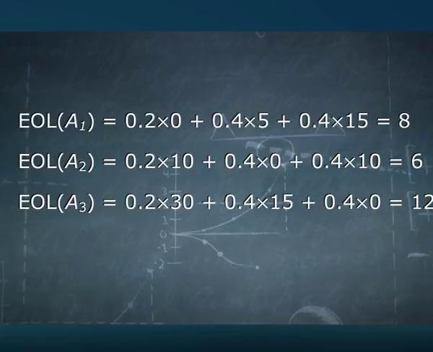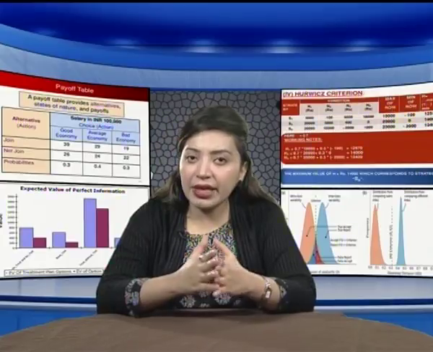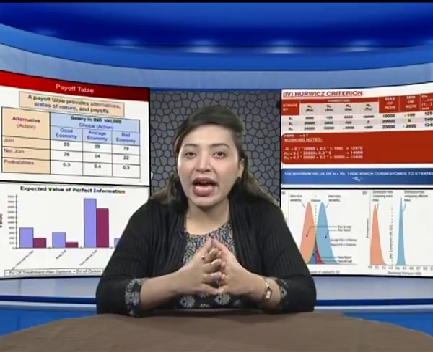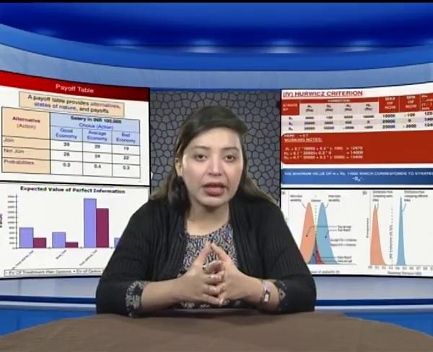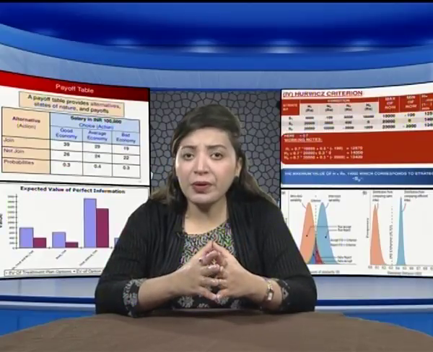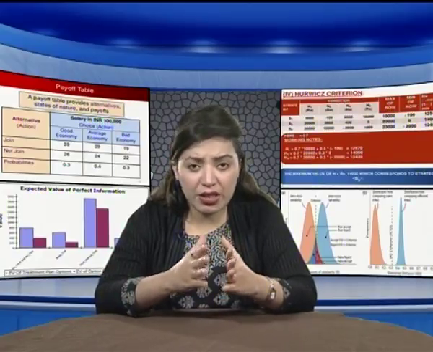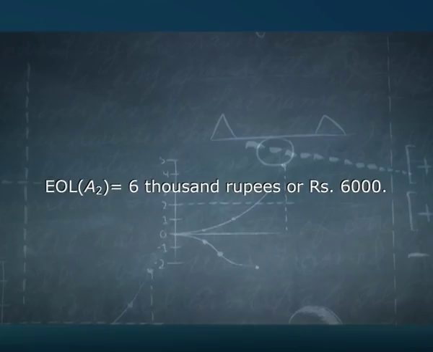Then EOL for A3 will be 0.2 times 30 plus 0.4 times 15 plus 0.4 times 0, which is equal to 12. Since EOL is minimum for act A2, therefore by the EOL criteria, the act A2, that is the partial product line, is the optimum act. The optimum value of expected opportunity loss, EOL of A2, is equal to 6,000 rupees.